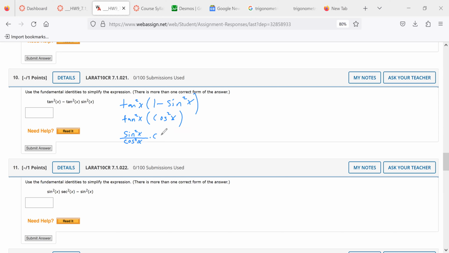Yeah. So this most simplified version is this. Is that clear?